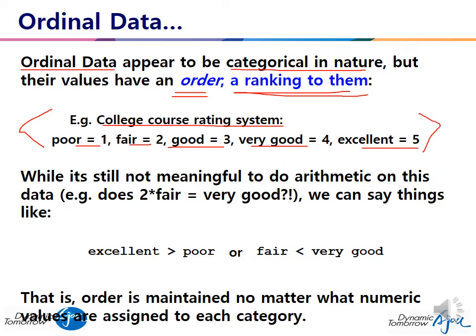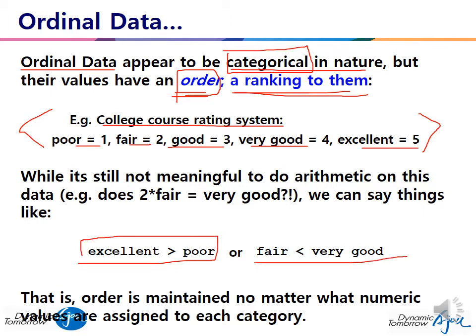You can see these are categorical, right? But they have a ranking. While it is still not meaningful to do arithmetic on this data, we can say things like excellent is better than poor, fair is less than very good. That order is maintained no matter what numerical values are assigned to each category. This is ordinal data. Are you following me?